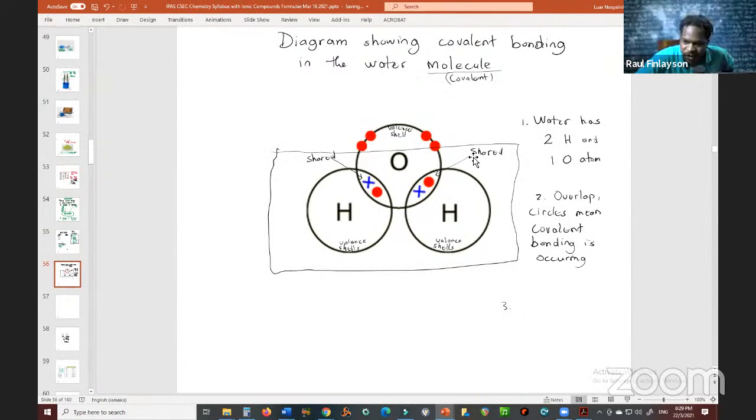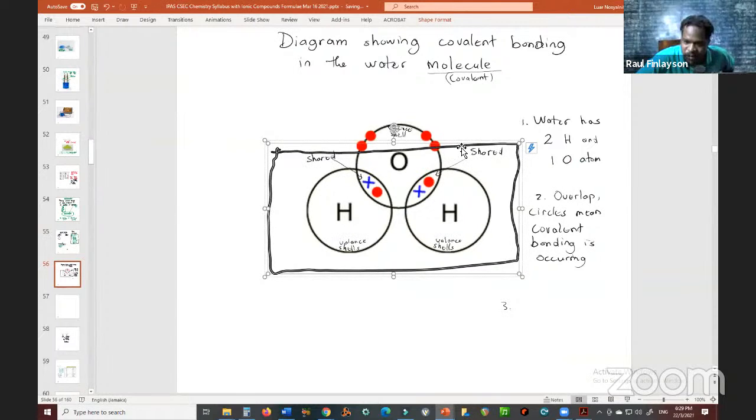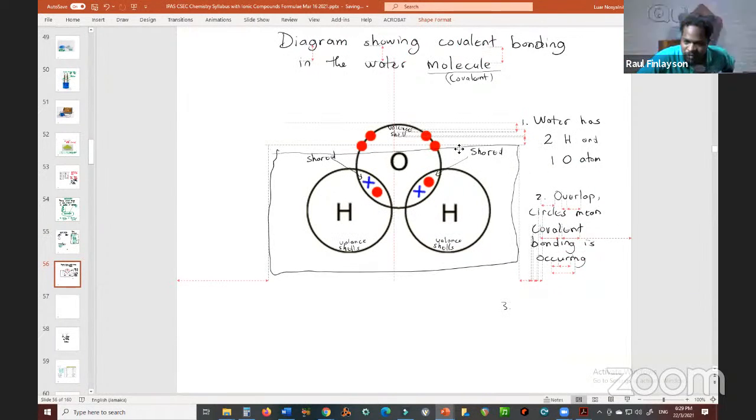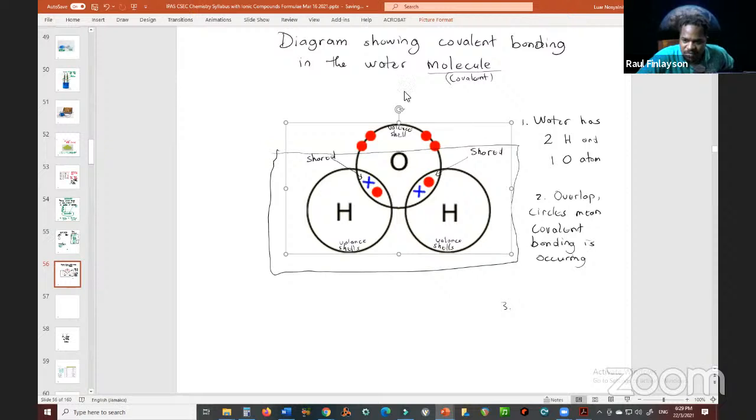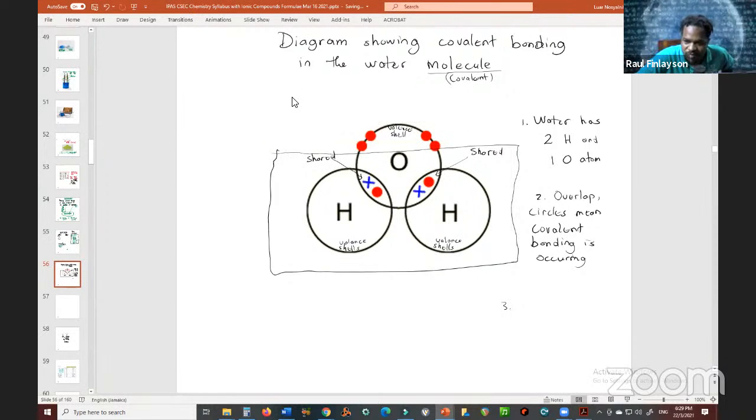And here, if I draw a little box around it, you're going to realize something. What is left outside the box that I've drawn? I draw the box to separate the two hydrogens and part of the oxygen. What is left outside the box?